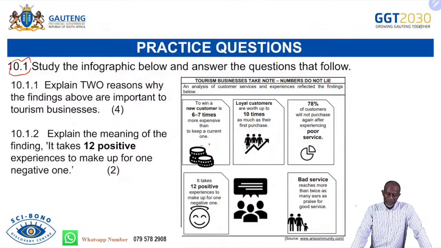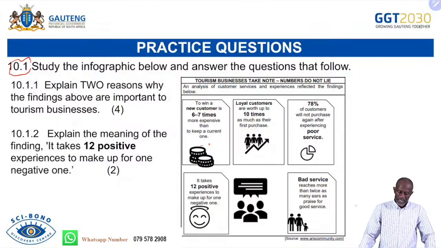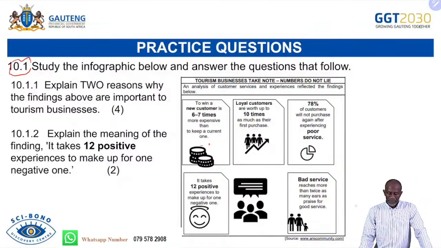Bad service reaches more than twice as many ears as praise for good service. So this is what the infographic is all about. In short, it explains the different service levels and how they impact a business, whether good or bad.